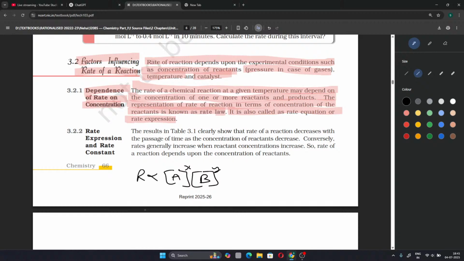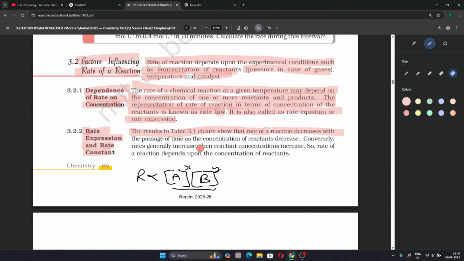Defining a rate via the product of the concentrations of the reactants is known as the rate law, rate equation, rate expression or integrated rate law. Rate expression and rate constant. In table 3.1, they showed the change in concentration over some time change.